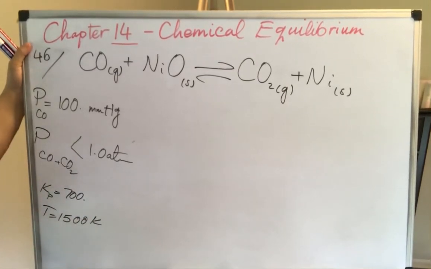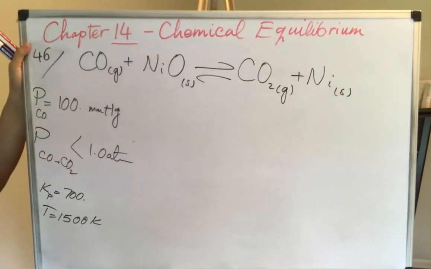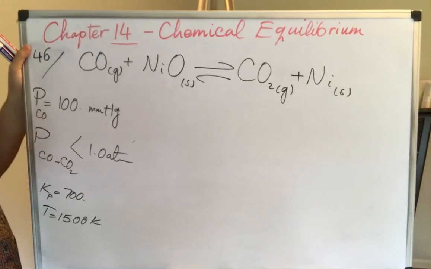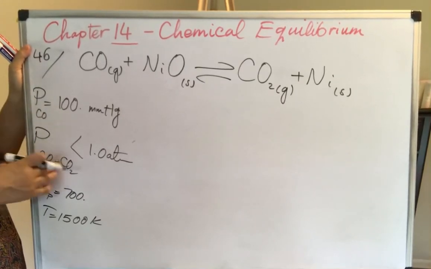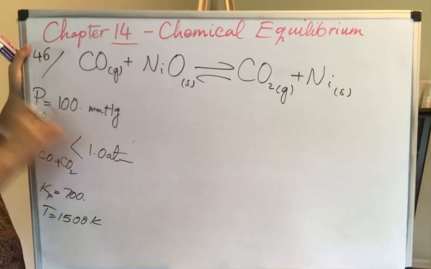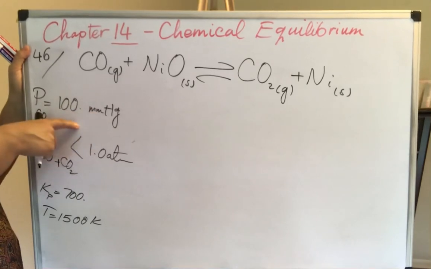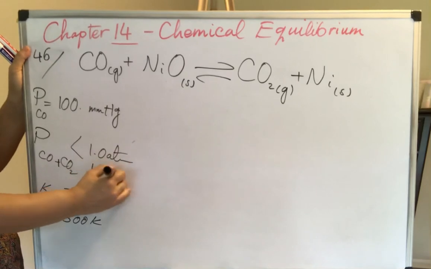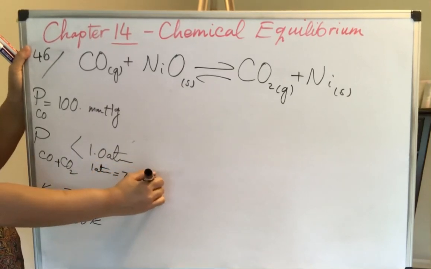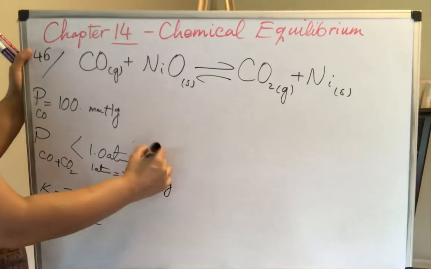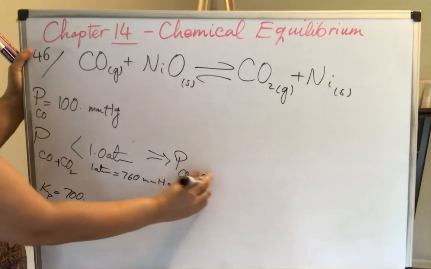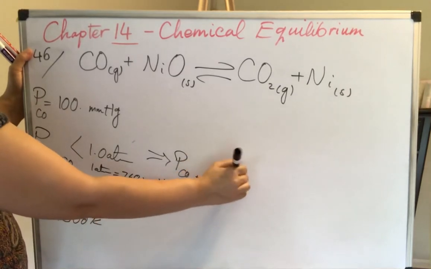So the pressure of carbon monoxide is given as 100. The total pressure of carbon monoxide and carbon dioxide is not going to be more than 1 atmosphere. Since this pressure is in millimeters of mercury, let's change this one to millimeters of mercury also. You know that 1 atmosphere is 760 millimeters of mercury. So can I say the pressure of carbon monoxide plus carbon dioxide does not exceed 760?